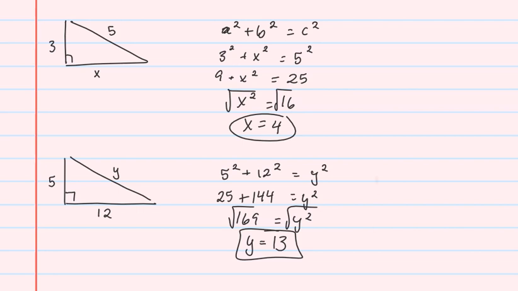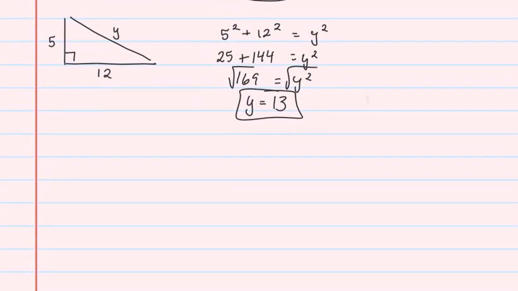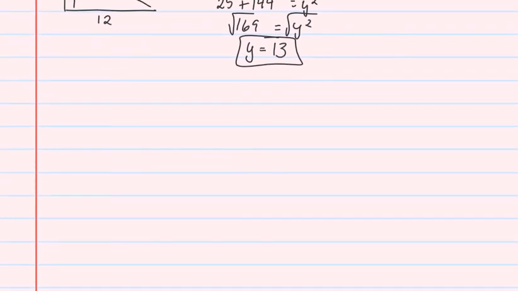We did cover some problems where the square roots don't come out evenly. For example, the square root of 169 does come out evenly to 13, but what if instead it was the square root of 170? I taught you to break it down into factors.